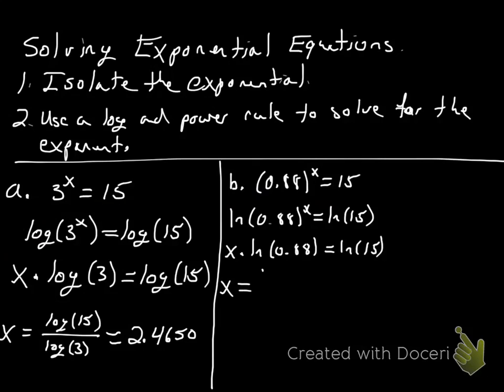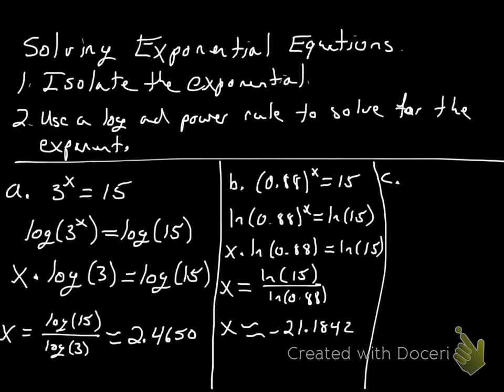Then we're going to divide by ln of 0.88, and then we'll put that in our calculator and get x is approximately negative 21.1842.